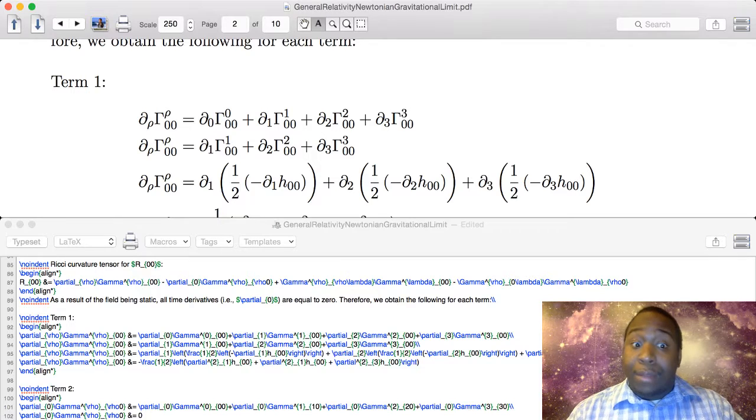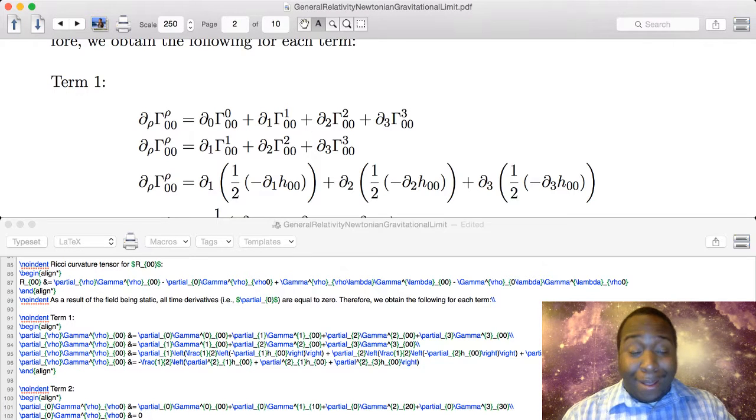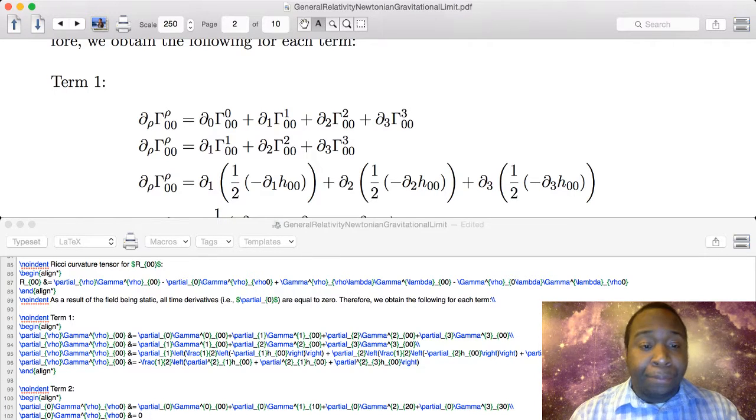I also mentioned in the previous stream these Christoffel symbols and their importance in being able to solve this problem. It turns out that there's a lot of them. There's a lot of these Christoffel symbols for the problem, and really, that's probably the more difficult part of it all, just being able to make sure you calculate them all and keep track of them.